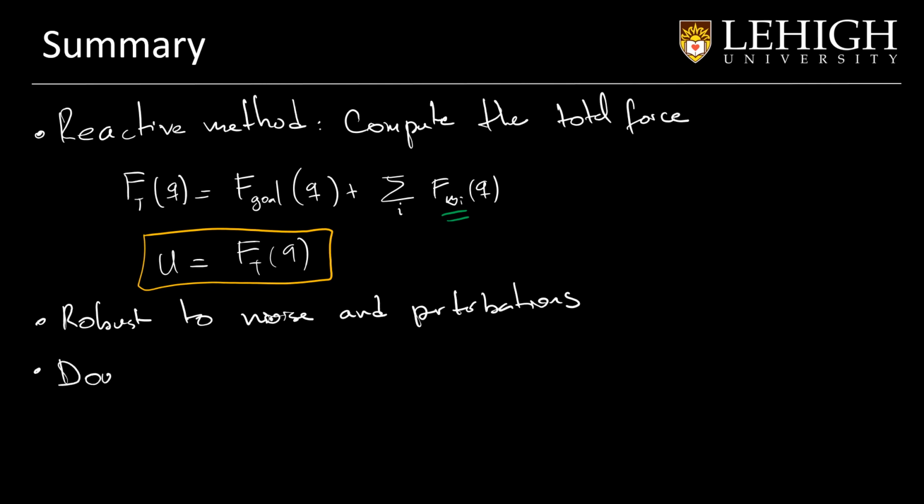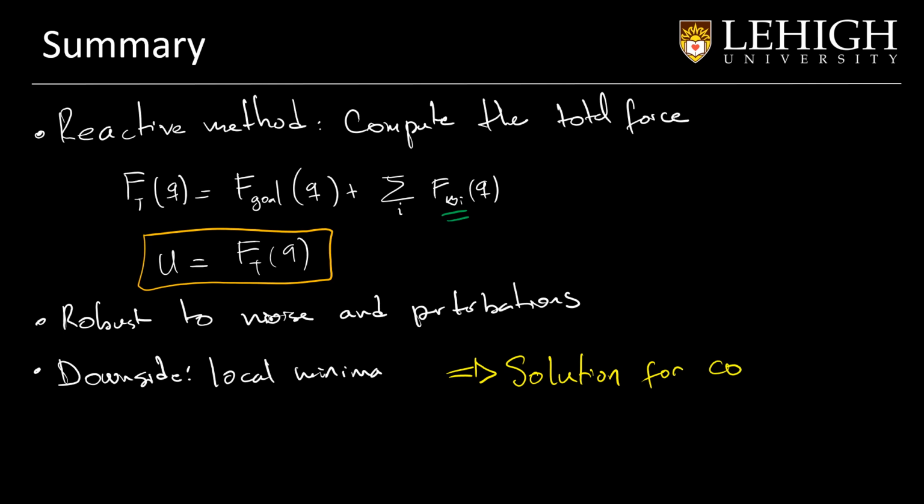The downside or the negative part of this method is that we have local minima. If we fall in a local minima, we cannot get out of this with this simple method. For that, there are many techniques and much research in robotics about how to avoid that and how to find a solution for that. Almost all the solutions aim for completeness: to find a path if it exists, or if it doesn't exist, to say that there is no path.